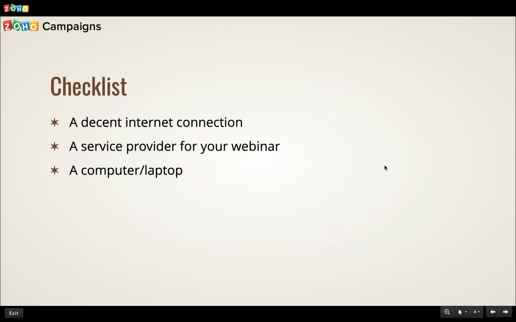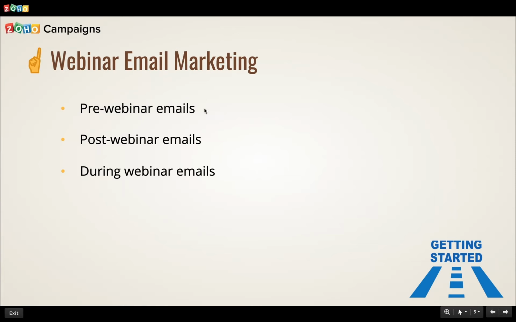So, you can always depend on emails to promote your webinars. This is where Zoho Campaigns, the email marketing software, comes into use. You can engage your webinar attendees and registrants by dividing your email marketing strategies into 3 stages that include the pre-webinar emails, the post-webinar emails, and the during-webinar emails.